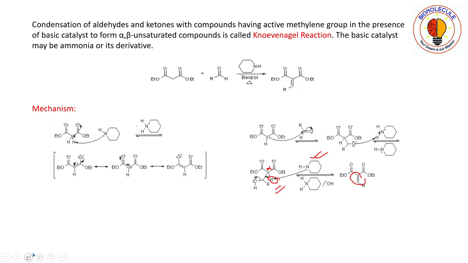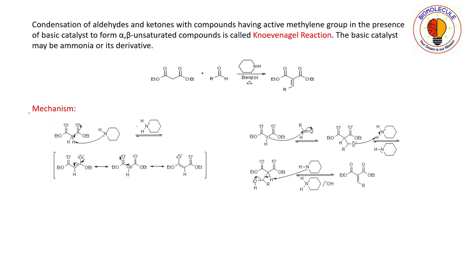That is, this hydrogen will get deprotonated. As a result, here we will get a carbanion, and now this carbanion forms a carbon-carbon double bond, and this OH leaves as an H2O molecule. So what we get is a double bond over here.